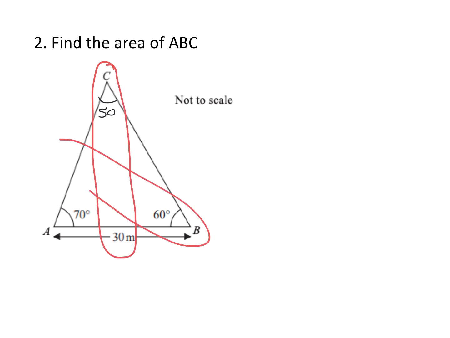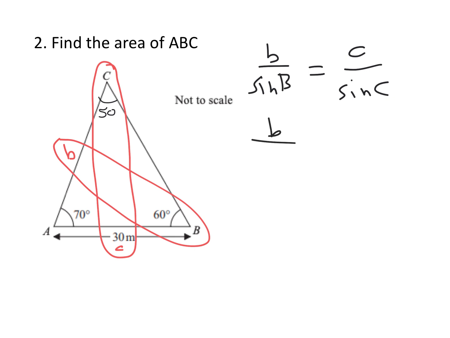And we could work out maybe this one here, let's call that side B. And this would be side C. So the sine rule would say that B over sine B equals C over sine C. So B over sine 60 is 30 over sine 50. And you can cross multiply, or simply times 30 by sine 60.